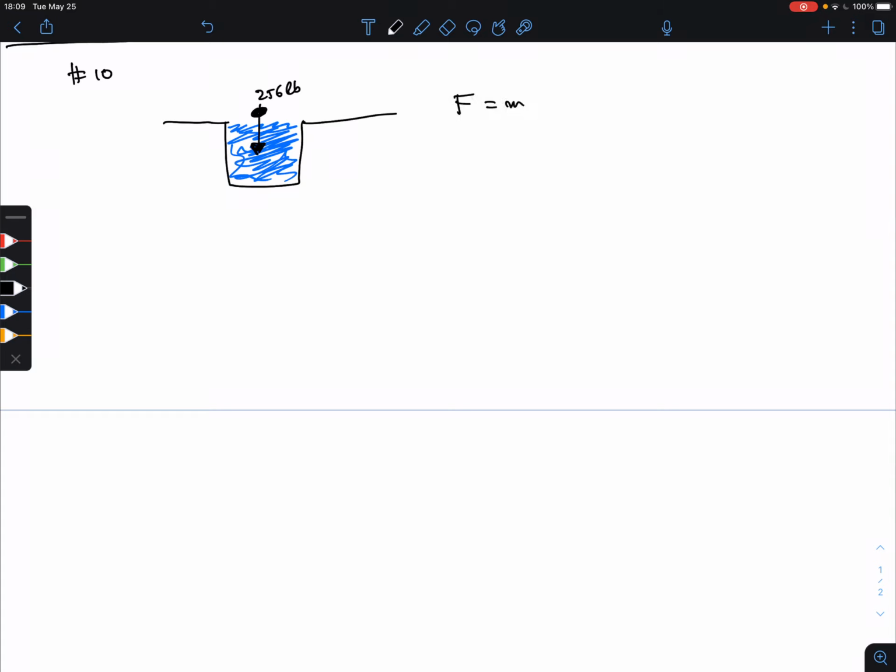F is ma. What is F here? Well, F consists of two parts. It's the gravitational pull, that is minus mg. Remember, again, keep reminding you that our y-axis, y being the position, is always pointing upwards. So we are going down. That means gravitation always pulls you down, against that direction.